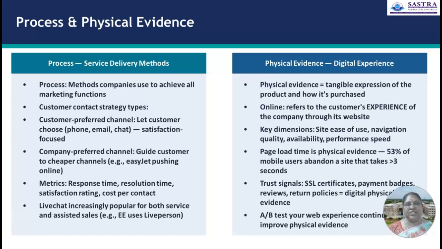Finally, the physical evidence part we have to see. What is this physical evidence in the case of traditional service marketing? Physical evidence refers to the tangible elements of the service environment. What is this tangible environment? The cleanliness of a restaurant, the design of a branch, the design of the bank branch.